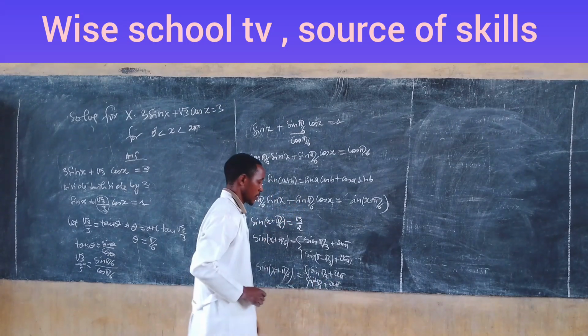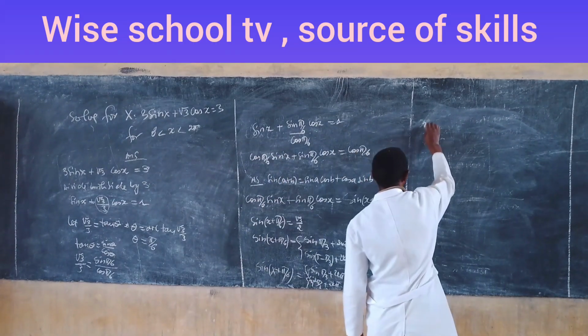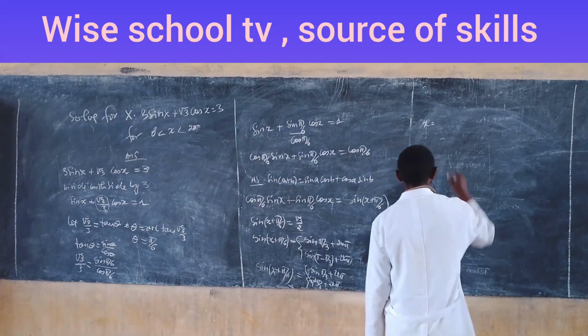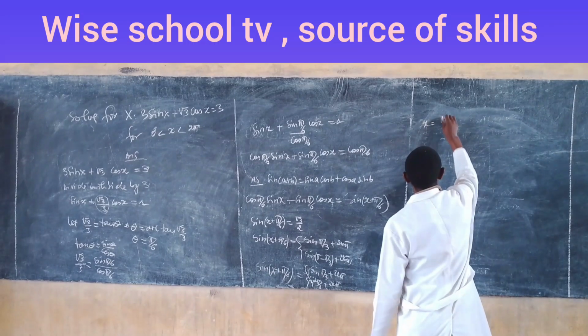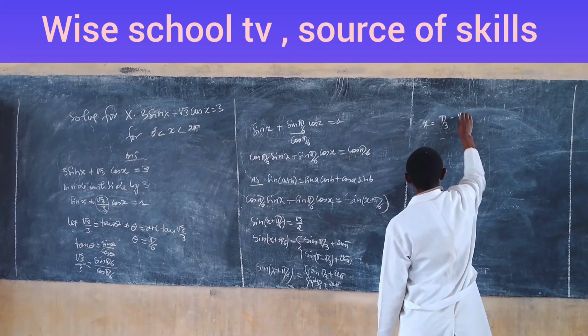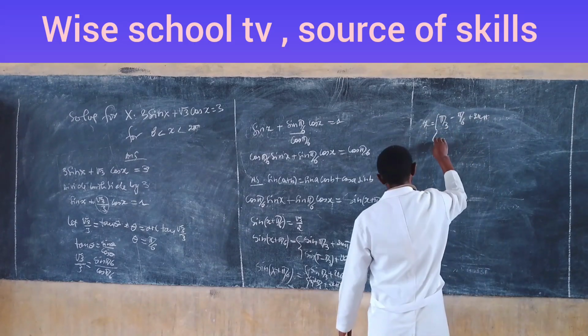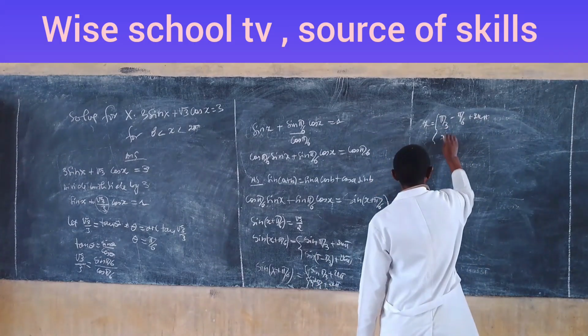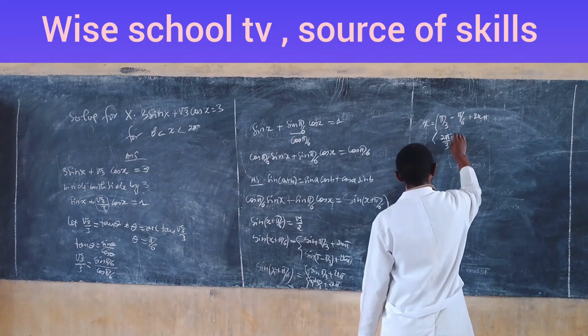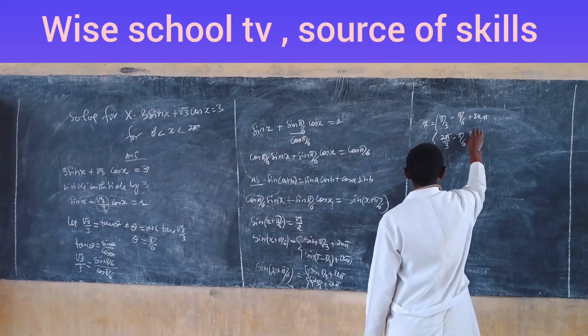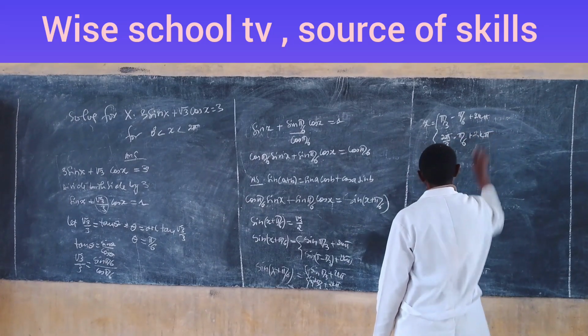In that case, x is what? x is equal to pi over 3 minus pi over 6 plus 2k pi, and also 2 pi over 3 minus pi over 6 plus 2k pi.